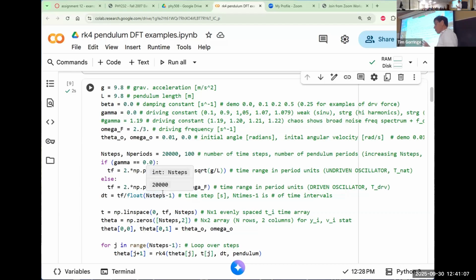So this is also just cut and paste from a previous calculation or code that I use for phase-space plotting or for Poincaré section plotting.